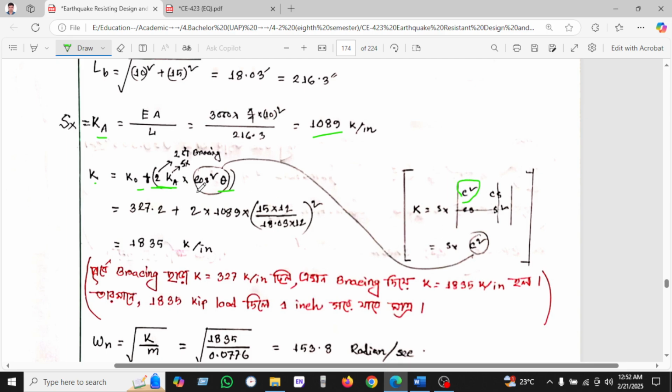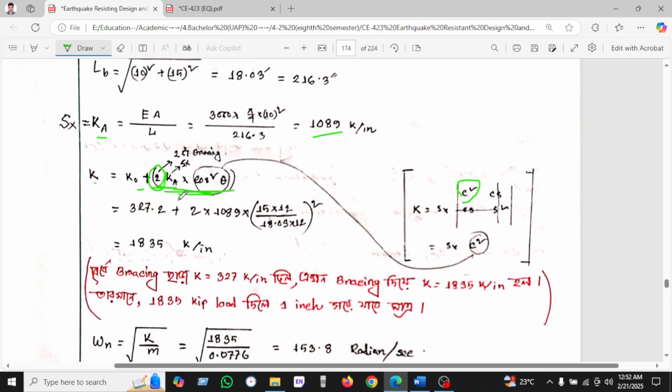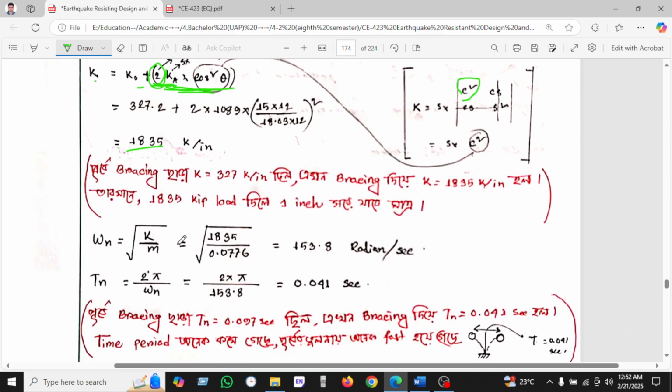In this way the formula comes, but it is a constant formula. You have to memorize this formula. You can reduce this number to 3 if the column bracing is 3, but as usually bracing is 2, that's why we use 2. Okay, and in this way you find the value of K.